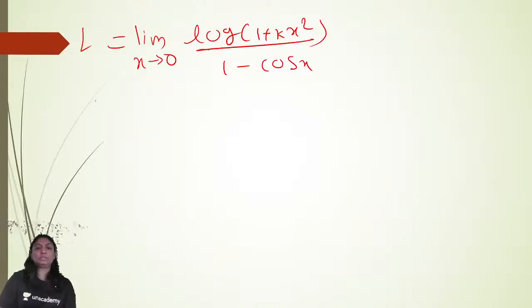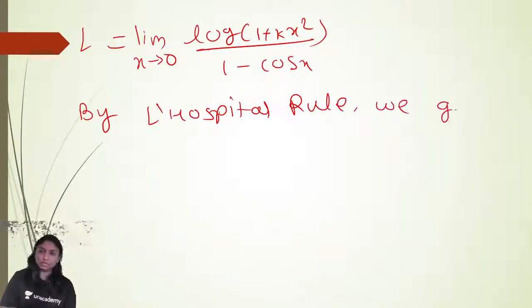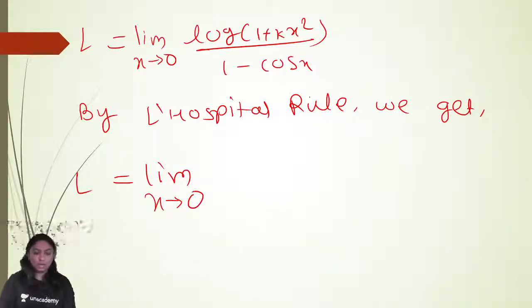So here you will get again f dash of x. So f dash of this, by using L'Hospital rule, we get L is equal to limit as x tends to 0. Here log of 1 plus kx square.